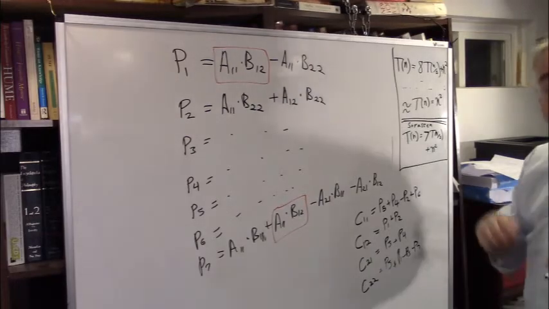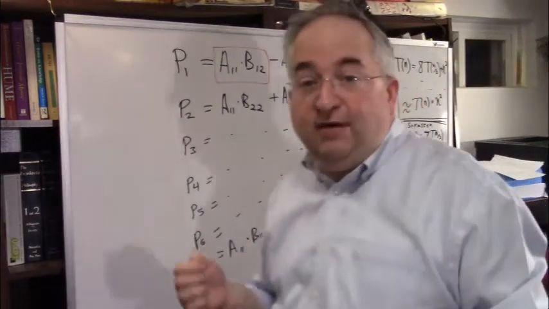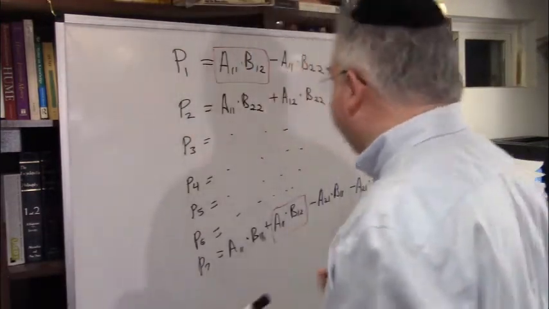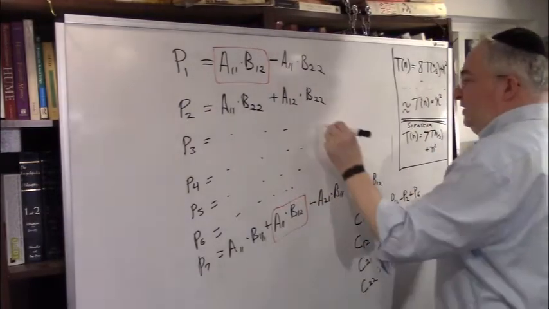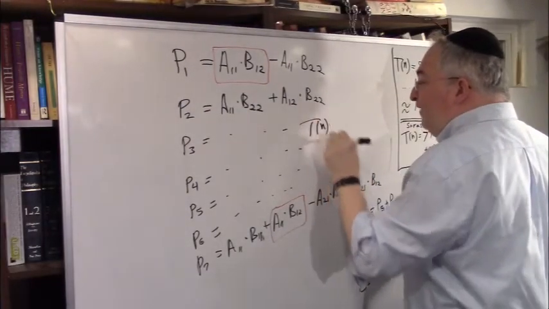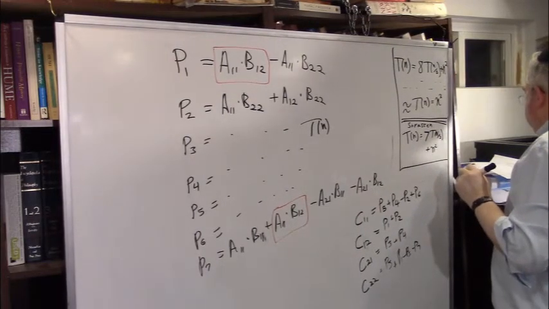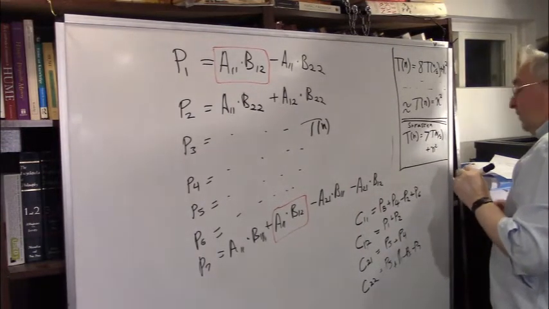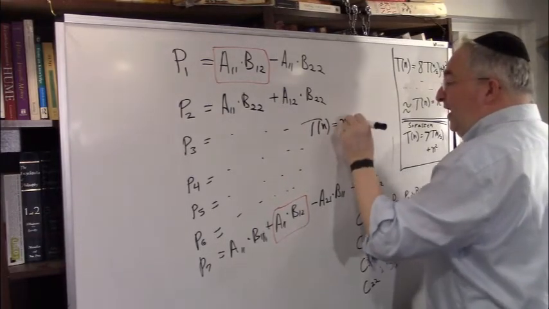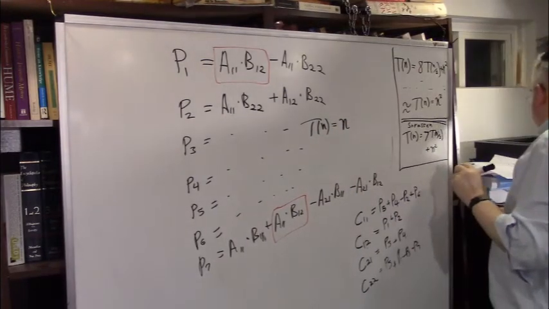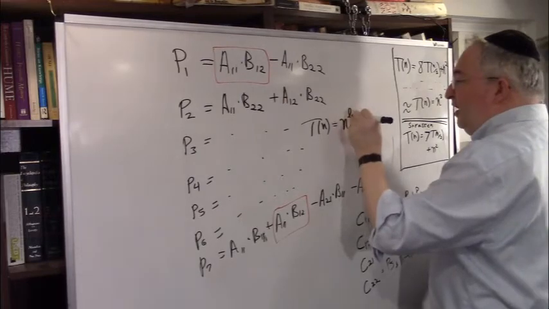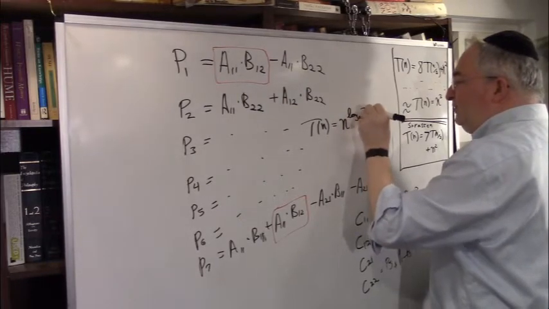Well, again, you'll know this by the end of this chapter, but it turns out that T of n, if you find the closed form of the function, it's going to be equal to n to the log base 2 of 7.